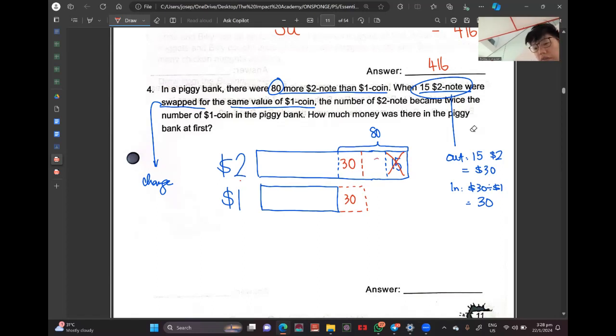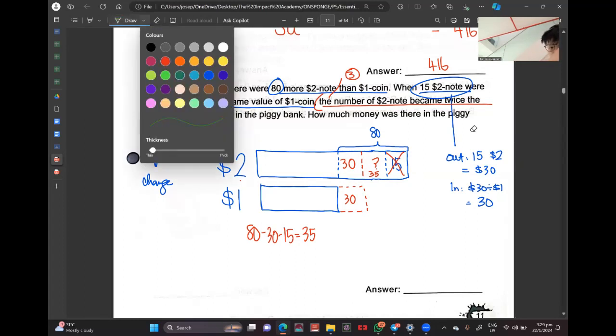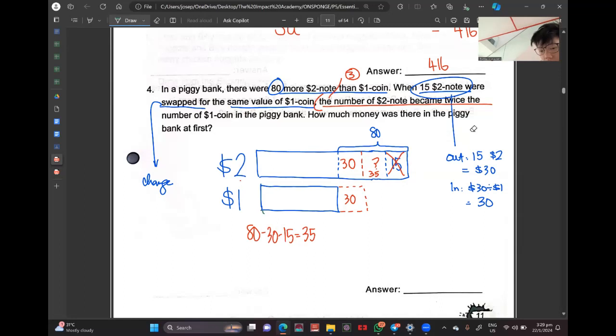So my first question mark really is this over here. Can you see my first question mark? Right, so what I want to do is find the question mark. I say 80 minus 30 minus 15, and that gives me 35. Agree or disagree? Okay, all right, that is my 35. Once I'm done with all of this, then I can read the next sentence, which is sentence number 3. The number of $2 notes became twice. So if my $2 notes are twice, then how many units for my $1? 1 unit.